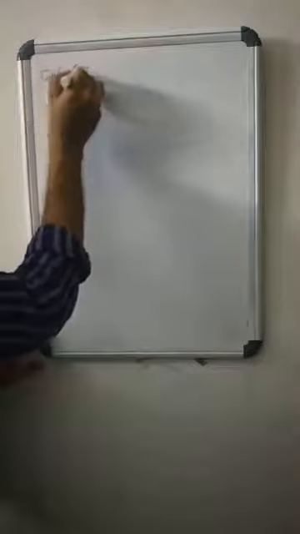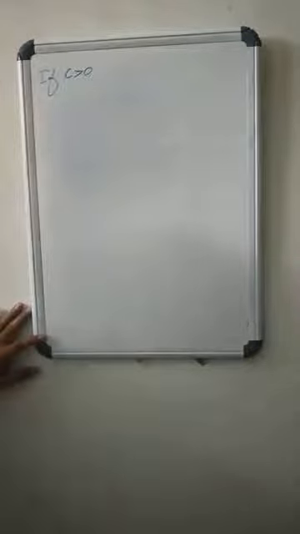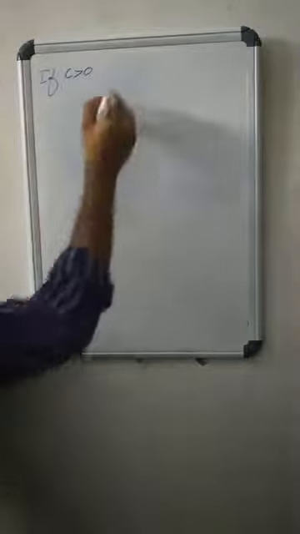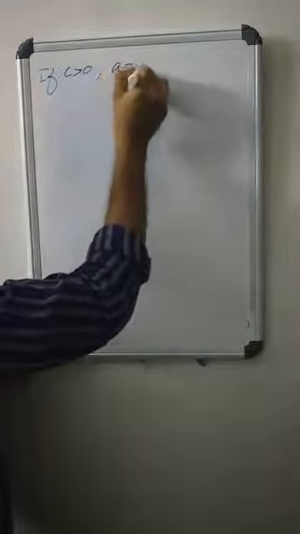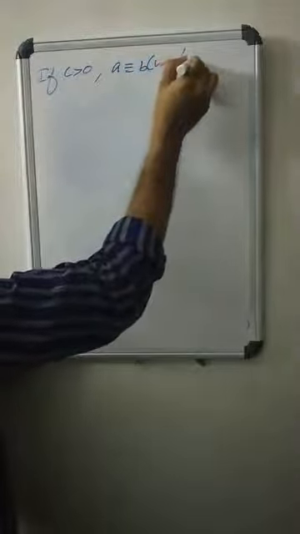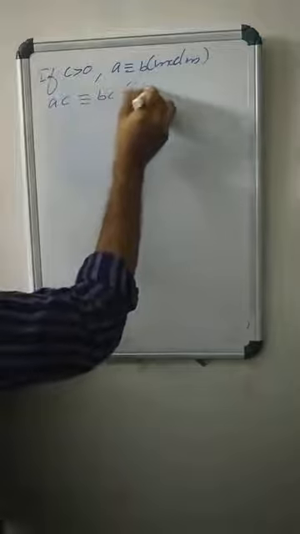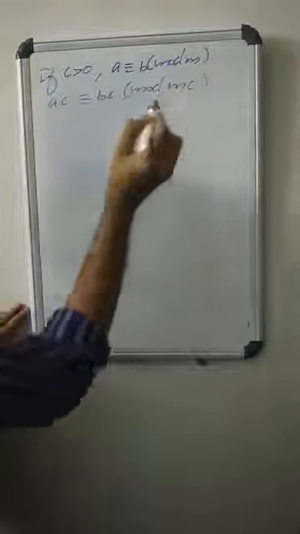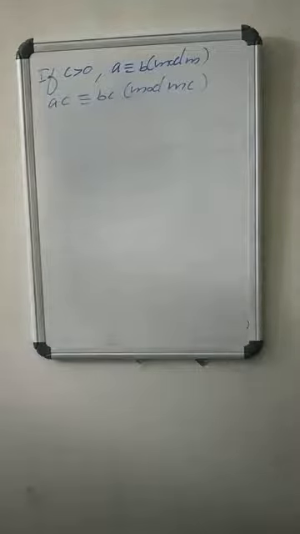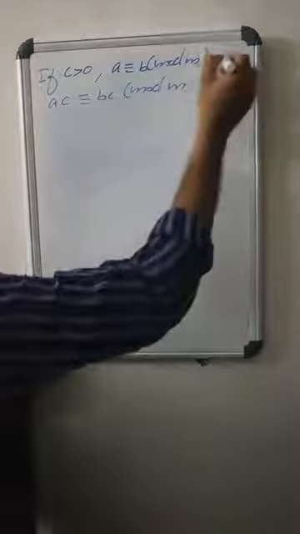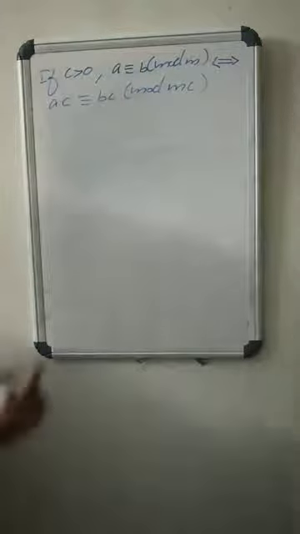If c is positive and a is congruent to b mod m, then ac is congruent to bc mod mc. That is, a congruent to b mod m if and only if ac congruent to bc mod mc. That's immediate. Why?